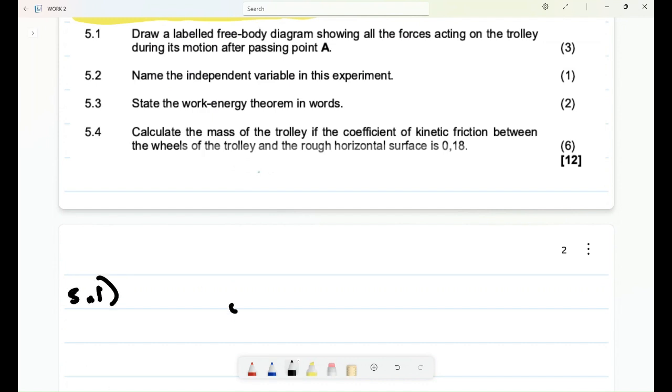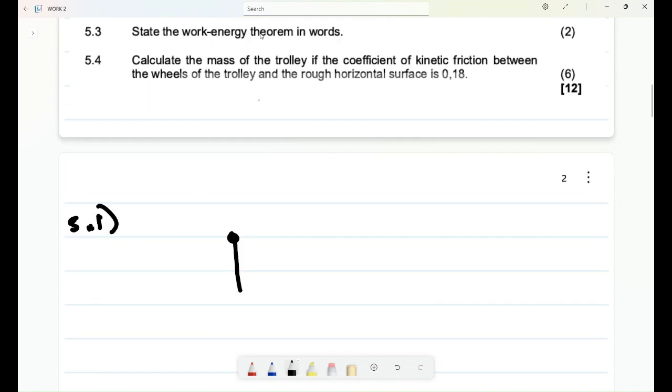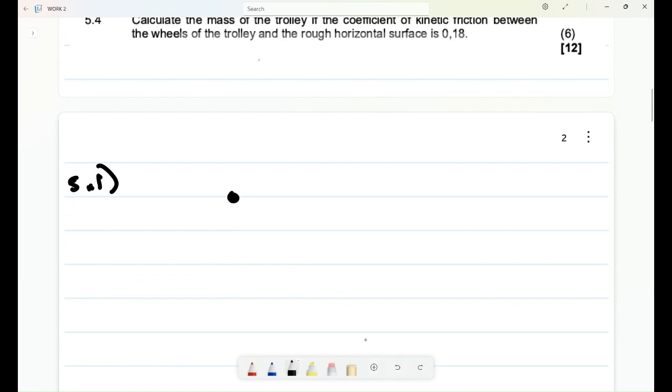5.1, free body diagram. Remember what I always say, FG. It is what you are always going to draw. It is always there. Then we have what? Normal force.